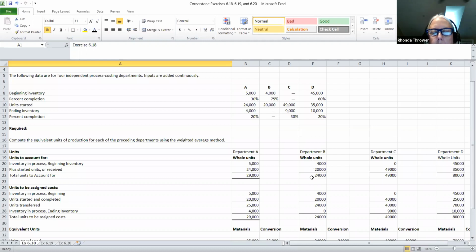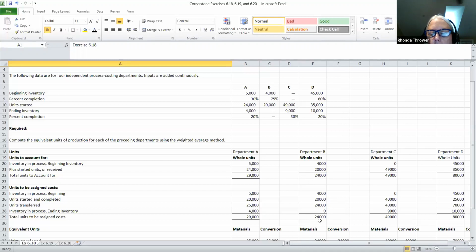So then we can determine the total units to account for by adding our beginning inventory units plus our units started, or the units we received from a different department. These two added together are the total units to account for, which is 24,000. This 24,000 total units to account for is plugged in to the total units to be assigned cost.